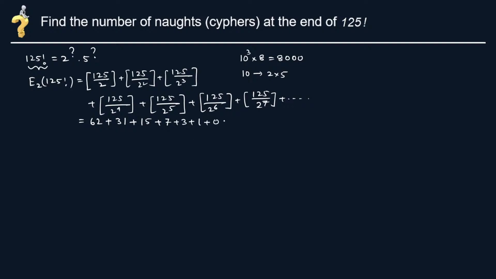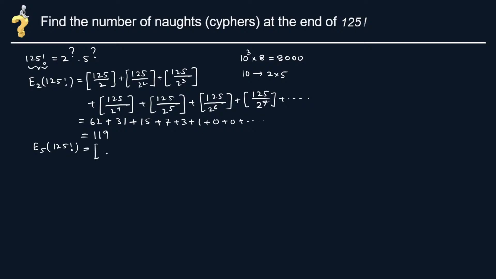And after that, all zeros will come, right? Therefore, the exponent of 2 in 125 factorial will be 119. Okay?